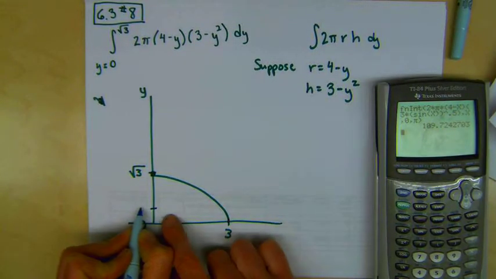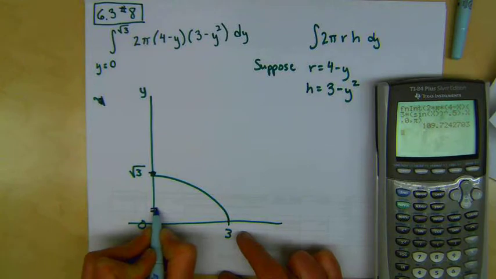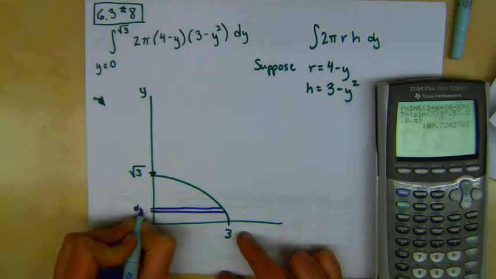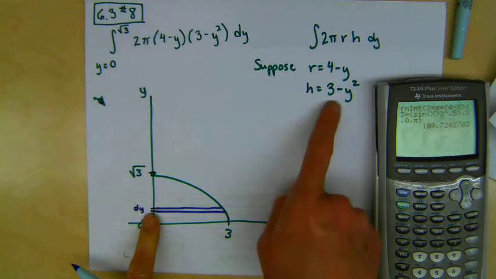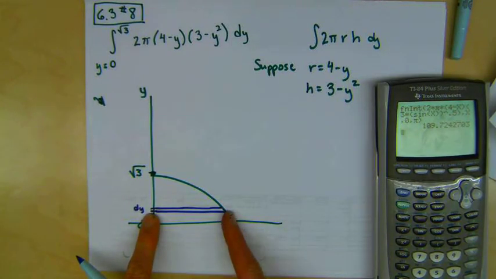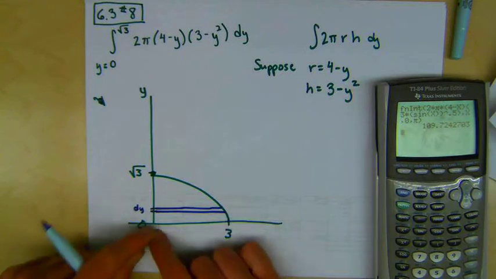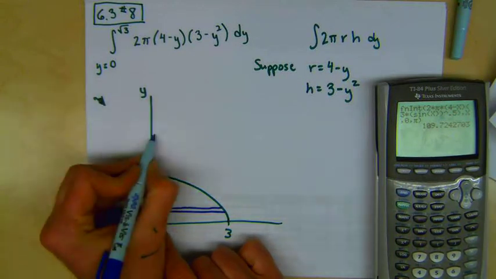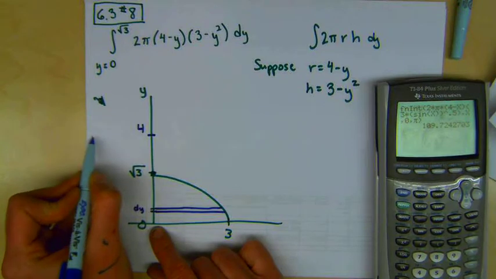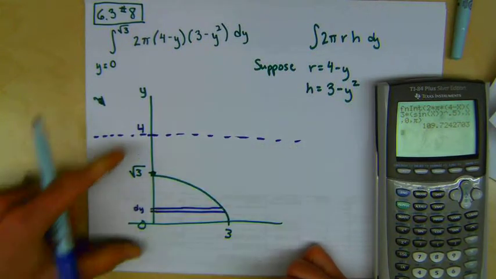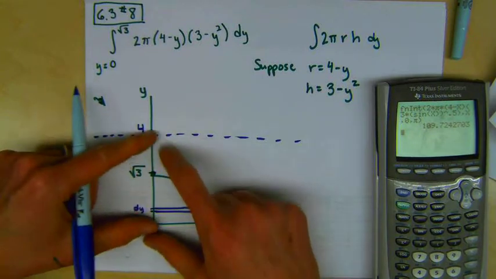For a given y value, let's take out this chunk, dy. This height is given by this curve. And then the radius is going to be 4 minus y. Well, if the radius were just exactly equal to 4, this is actually really similar to the last picture that we had, then it would go all the way up here to 4, but it's not.